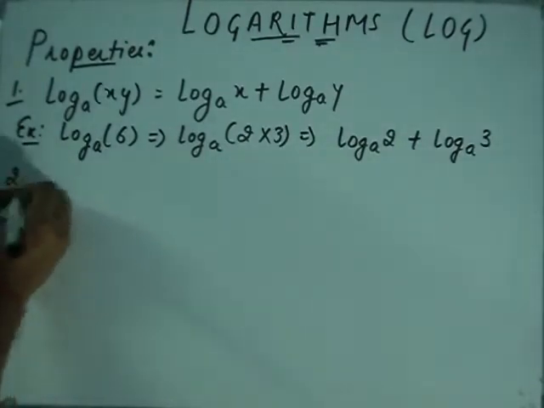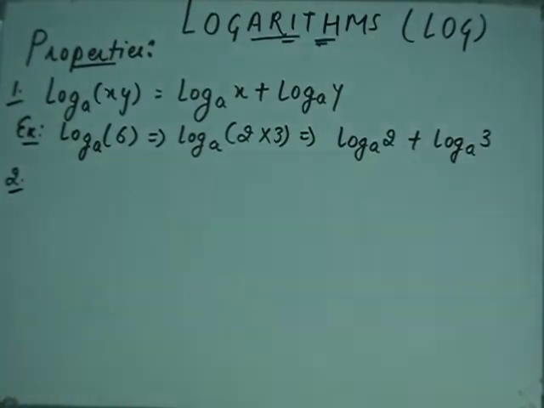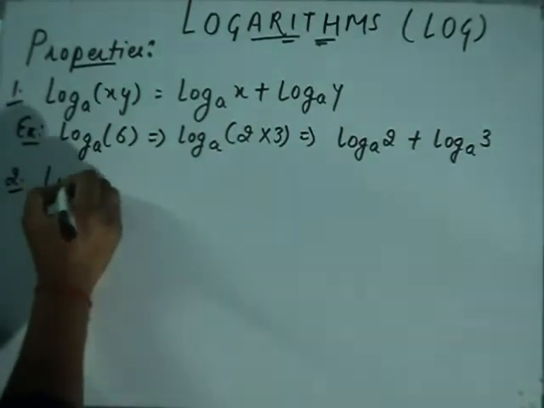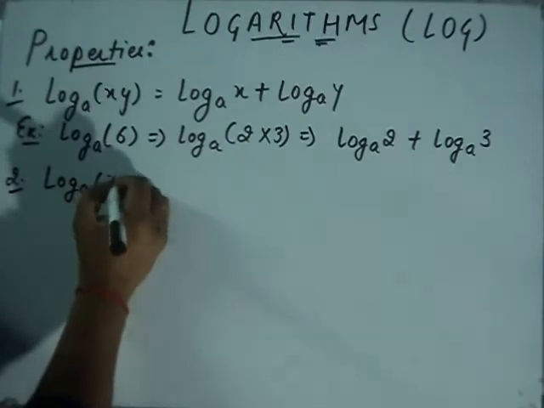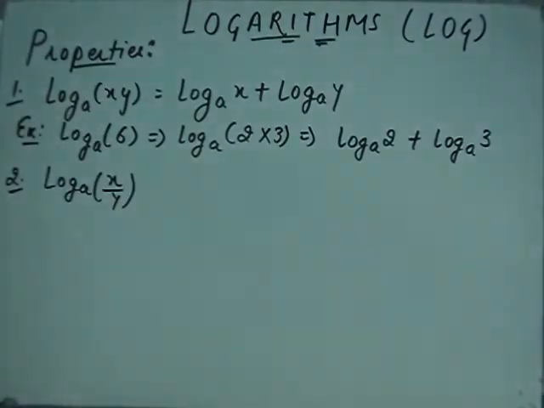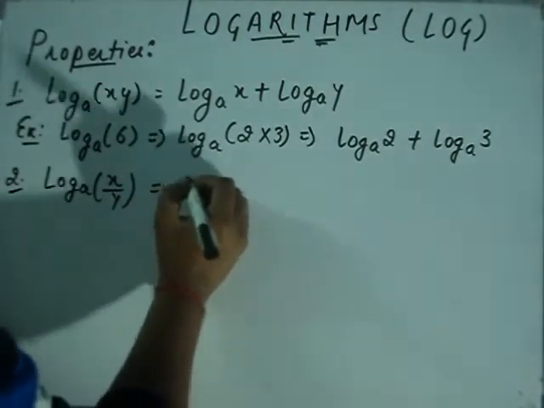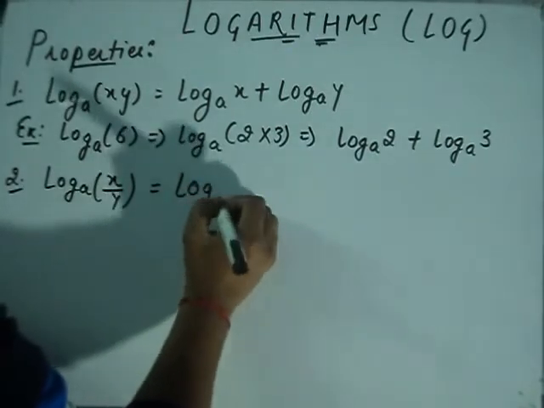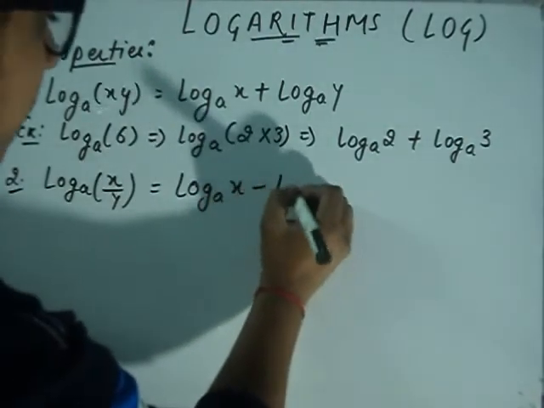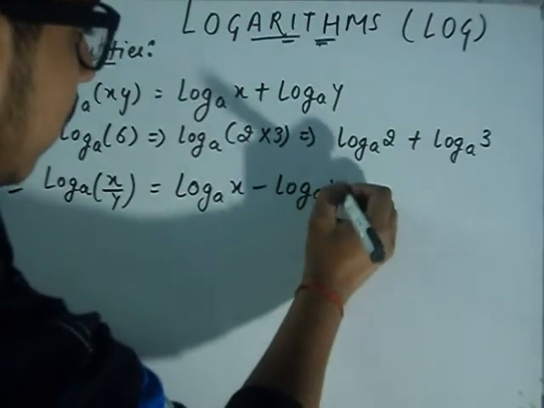My second property is log a of x divided by y. I can write it as log a x minus log a y.